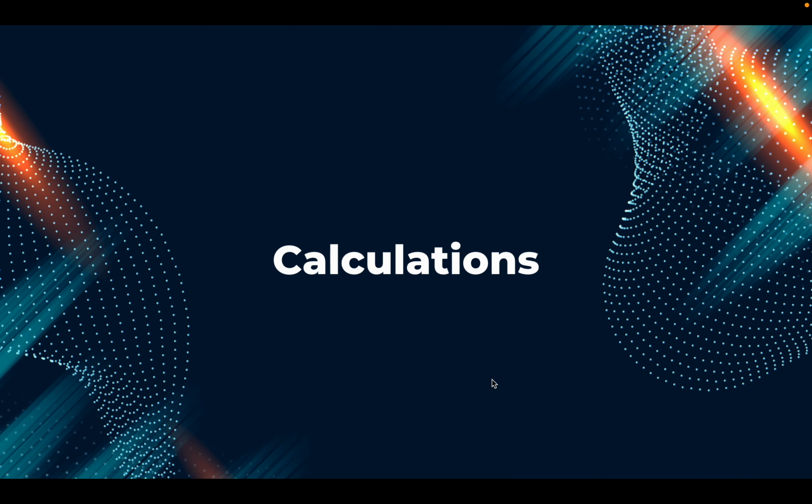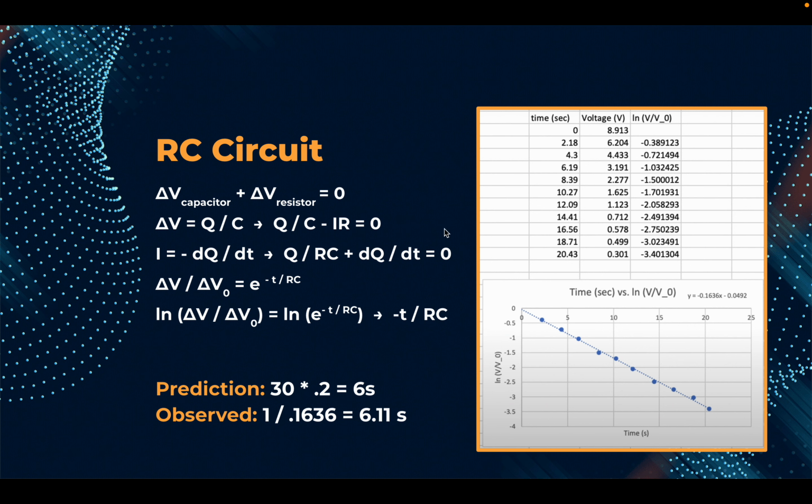Going more into my calculations for the RC circuit, we're using the potential difference equations and the equation for change in voltage, manipulating a few things around. Feel free to pause and look through this work a little more, but in the end we have the natural log of the change in voltage over delta V naught is equal to the natural log of e to the negative t divided by RC, which can be simplified down to negative t over RC.